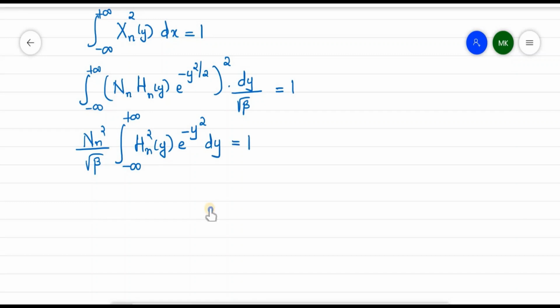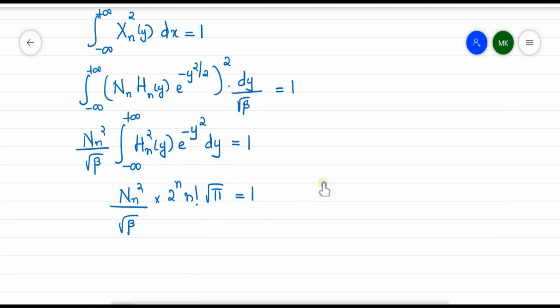Now evaluation of this integral will give the result N square by root beta into 2 raised to n into n factorial into root pi equal to 1. That is the value of the integral of Hn square e raised to minus y square dy, and that is 2 raised to n, n factorial, root pi.